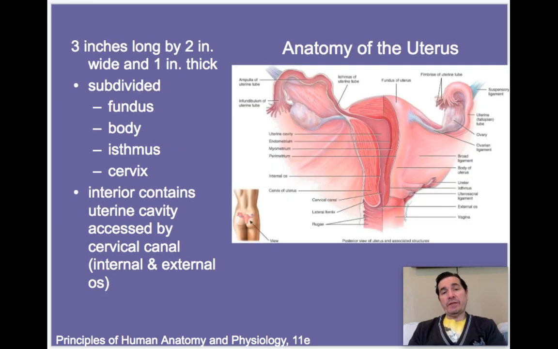It's about 3 inches by 2 inches. We have the fundus right up here, the body, the cervix, and the isthmus. Okay, so those are the parts.